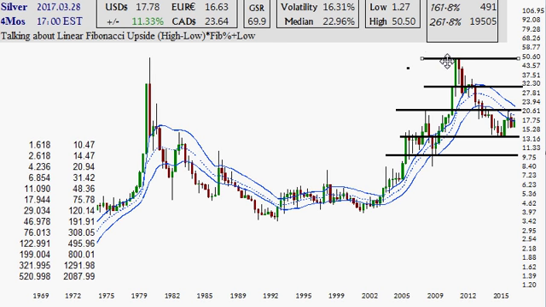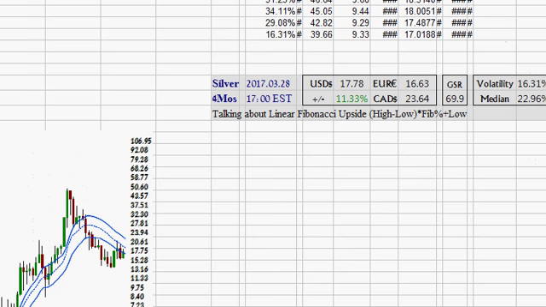So these are the key levels that have worked really well within the silver market. And now just to find out exactly what the low for silver was, because I'm curious, it was in that area, 14.47. Let's take a look in here.